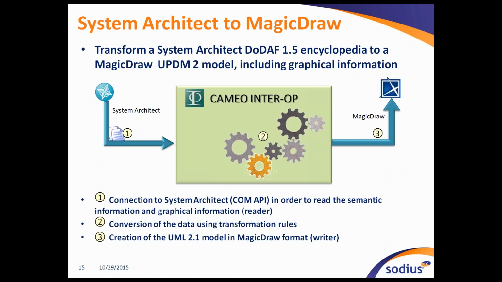So our System Architect to MagicDraw transformation will transform a System Architect DODAF 1.5 encyclopedia to a MagicDraw UPDM 2.0 model, including graphical information. So what we do here, we connect to the System Architect tool to read the semantic information and the graphical information.